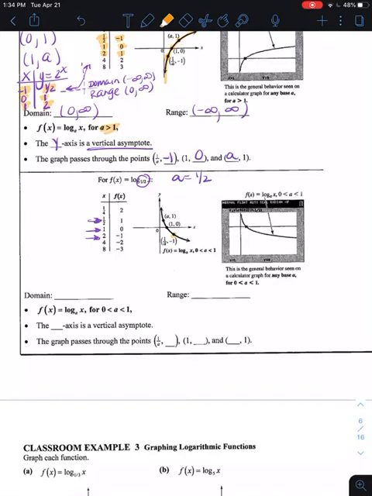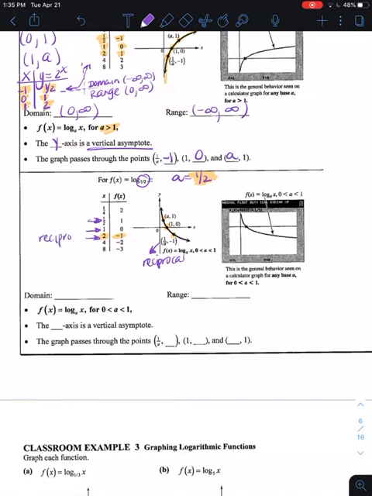Remember, 1 over a represents the reciprocal. (1, 0), and (a, 1). All right, so if you notice here, the first point, the 1/2, when you take the reciprocal, the y value is going to be negative 1. So the reciprocal of 1/2 is 2. So notice how at 2, my y value is negative 1.